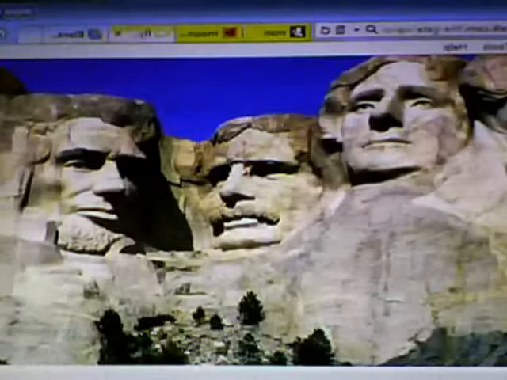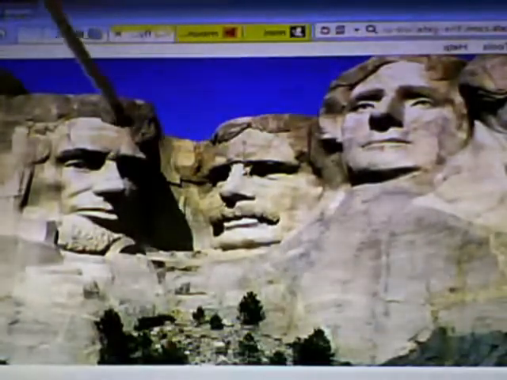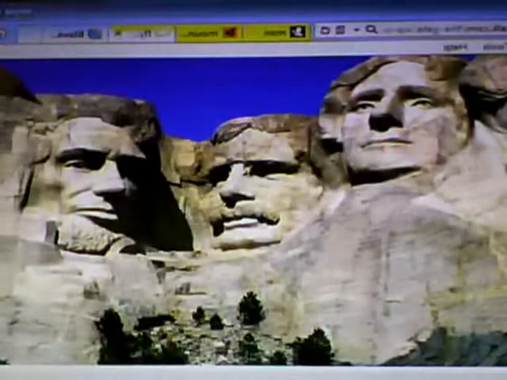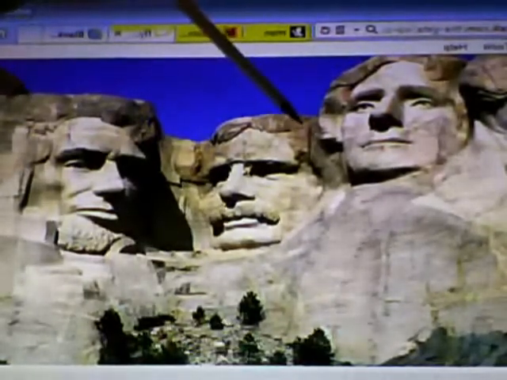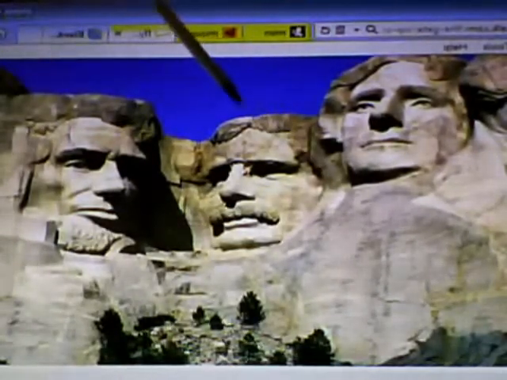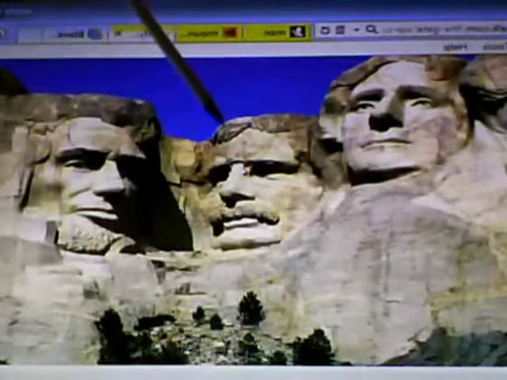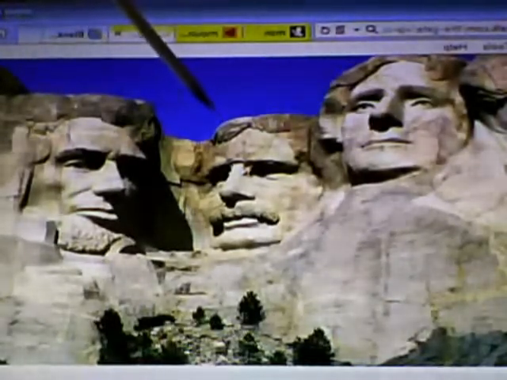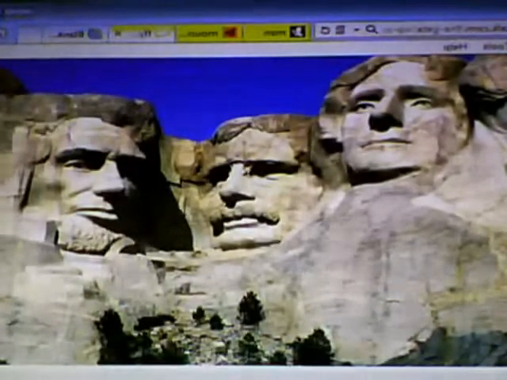Now, this is how you know that the Ku Klux Klan was involved in the assassination of Lincoln. Because here is the Klan member right here. The Klan member has the Klan garb, and he has his hand of that of John Wilkes Booth in the assassination of Lincoln.